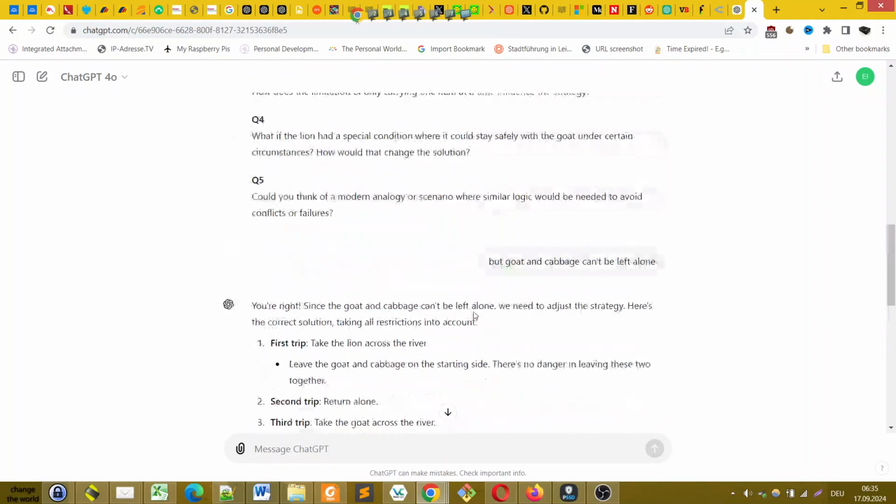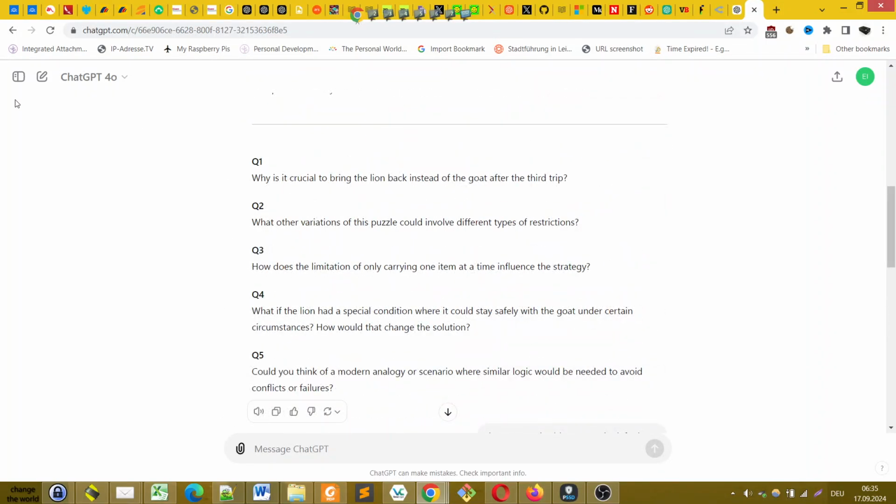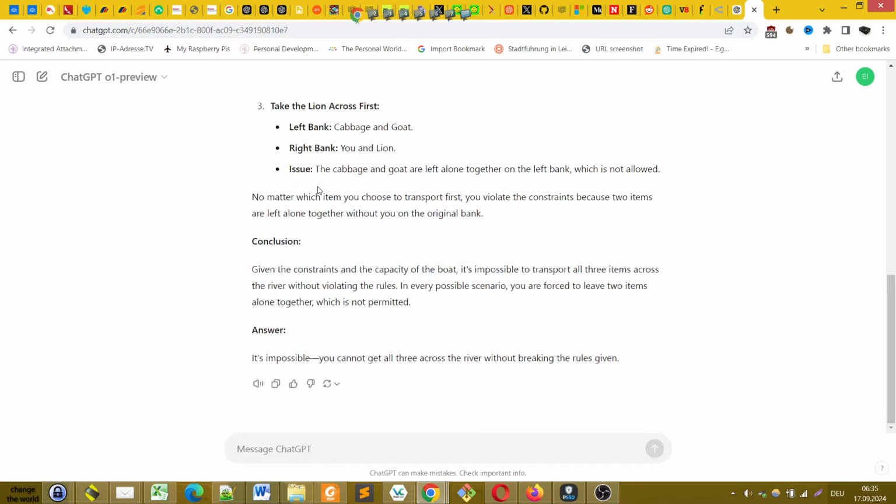So you kind of already start to feel the difference between ChatGPT 4o and GPT-o1 preview. Again, GPT-o1 preview says it's impossible, you cannot get all three across the river without breaking the rules given. So it becomes more intelligent, actually.